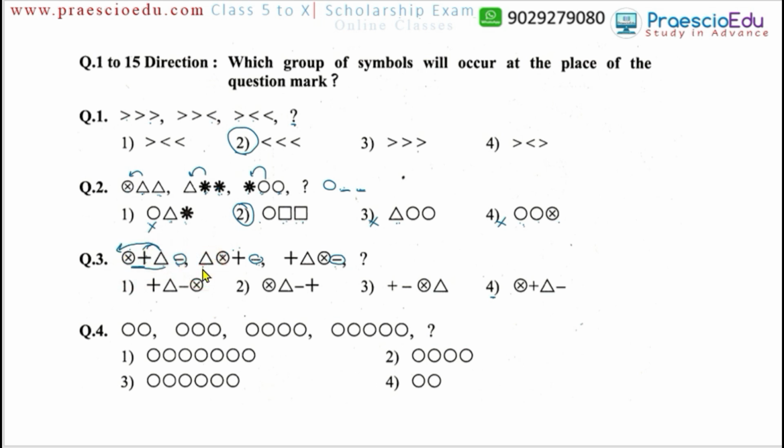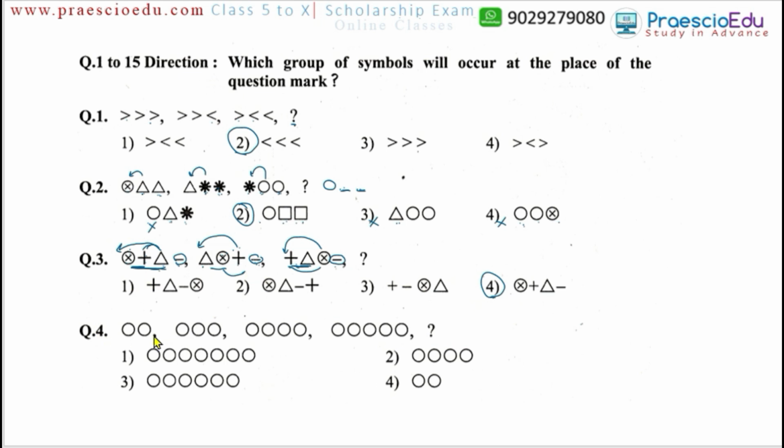After this, the positive sign comes to the leftmost and these two move to the right side, but the negative sign is kept as it is. For the same reason, the positive sign moves here with a triangle, and this sign moves to the leftmost, like the first term.